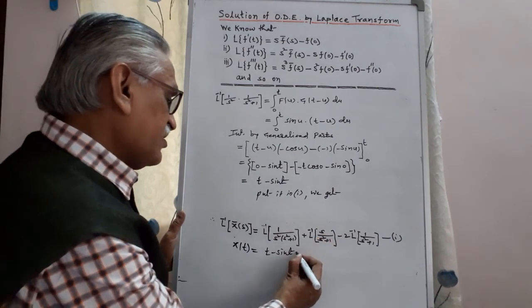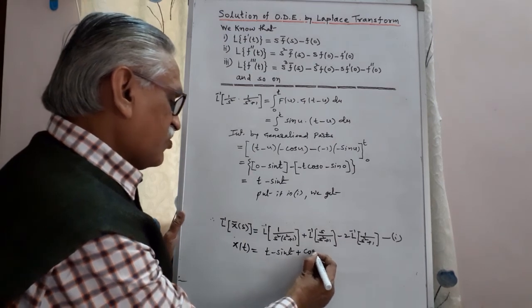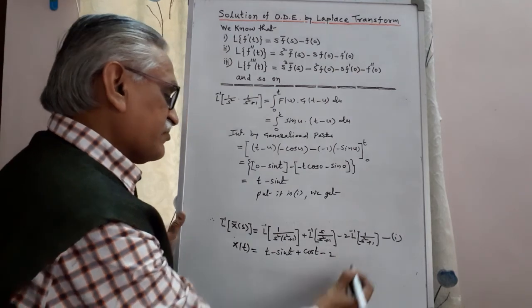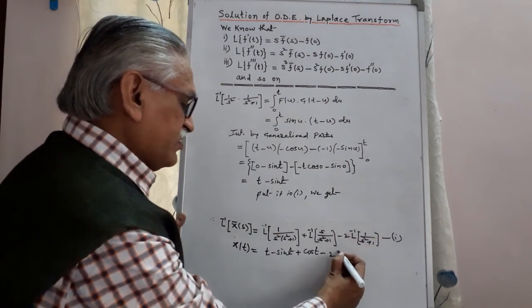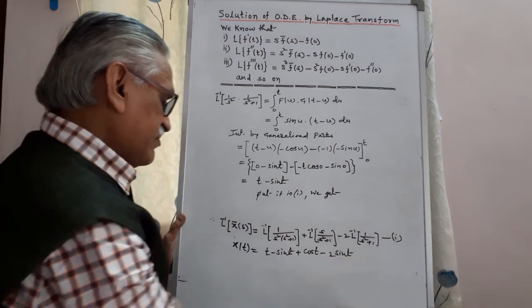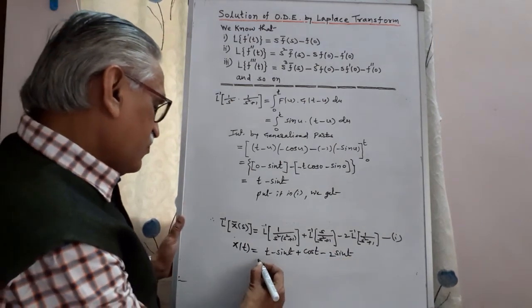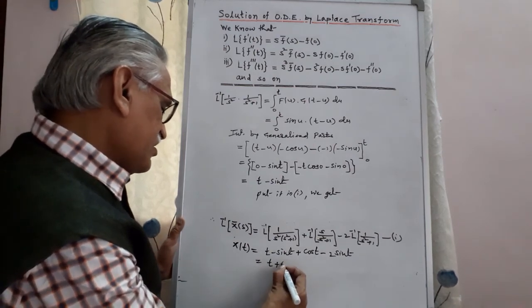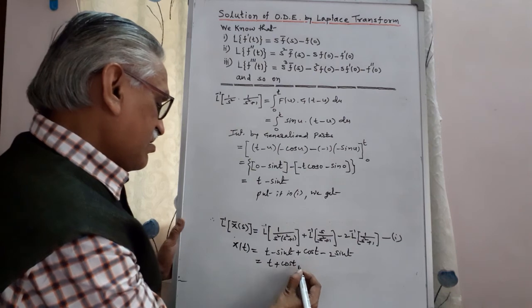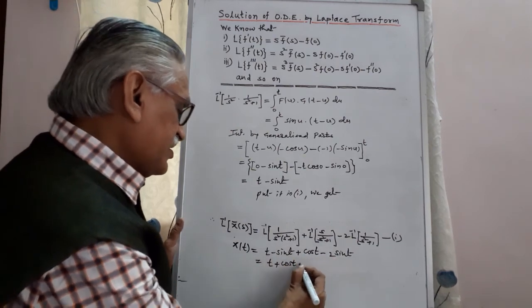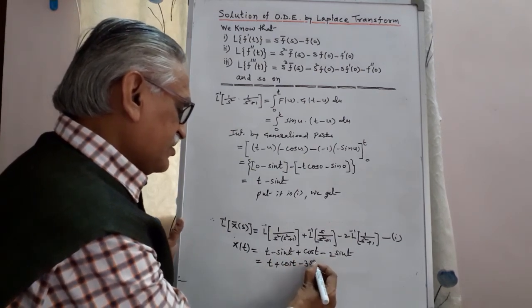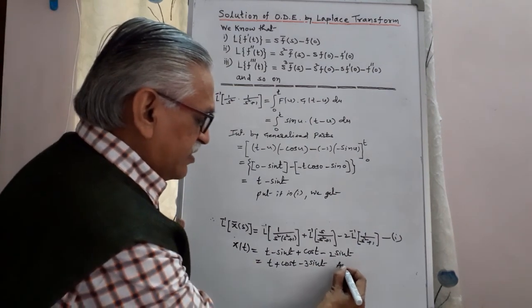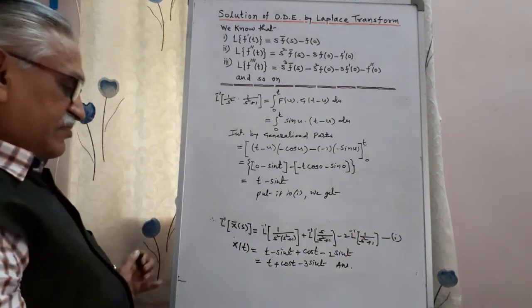Inverse of this one is cos t, and minus 2 times inverse of 1 upon s square plus 1 is sin t. Therefore we get t plus cos t and minus sin t minus 2 sin t, we get minus 3 times sin t, so x of t is the required answer.